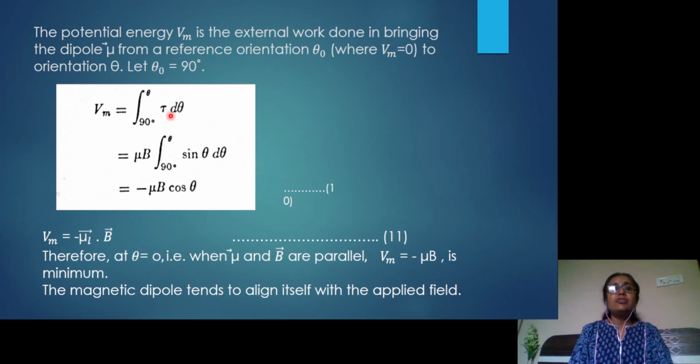This is just like we calculate work done or potential in the case of linear motion. It is the product of force and the displacement. Similarly, here we are considering a small angular displacement of the dipole, through a very small angle, and this angular displacement is caused by the torque tau.